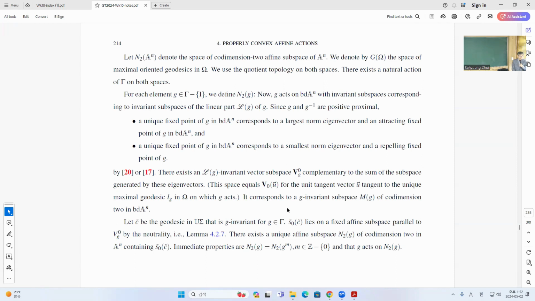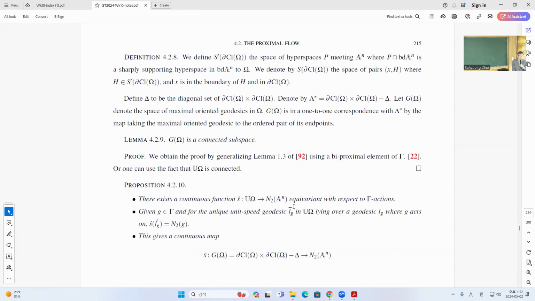So you can actually define a map from geodesics to some codimension 2 affine subspace here, and these are all equivariant. So you find this equivariant map to these codimension 2 subspaces, and these are invariant under the geodesic flow.